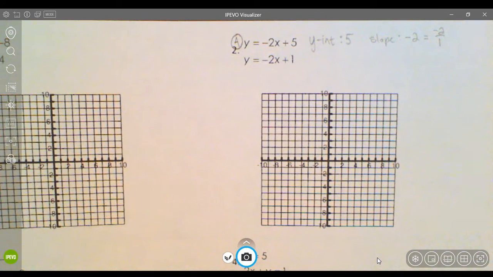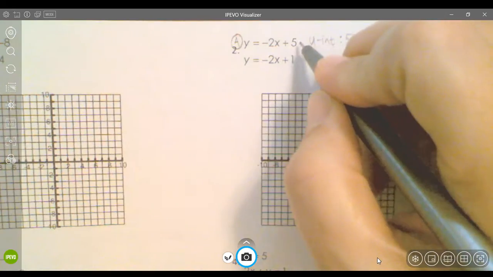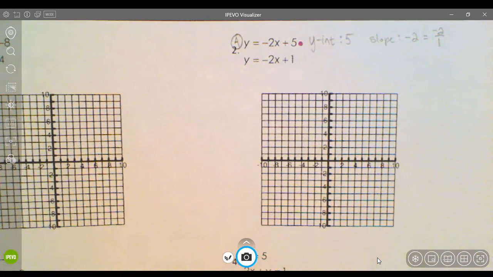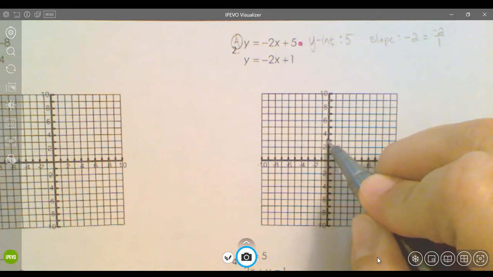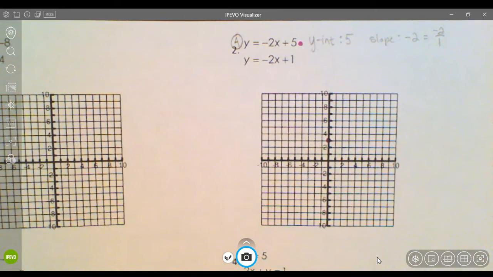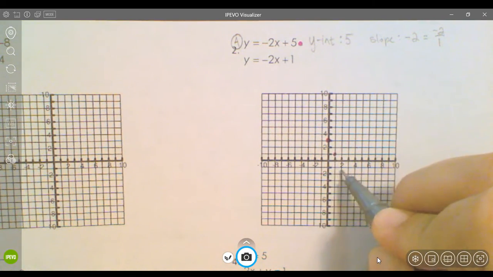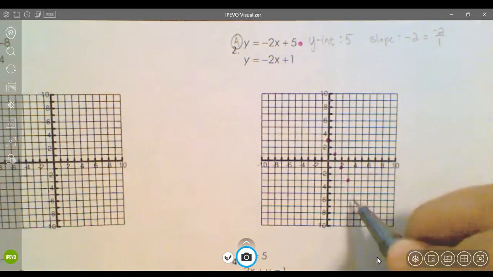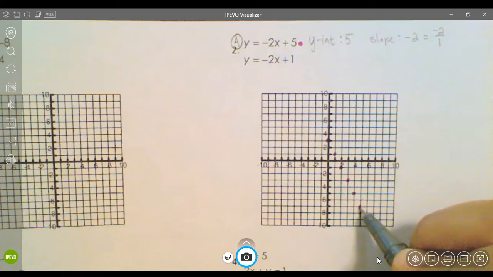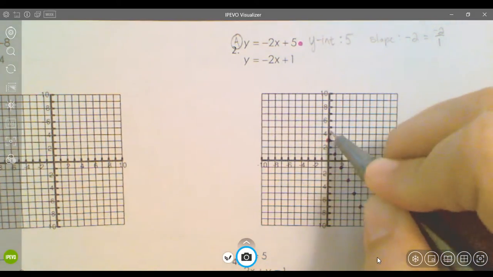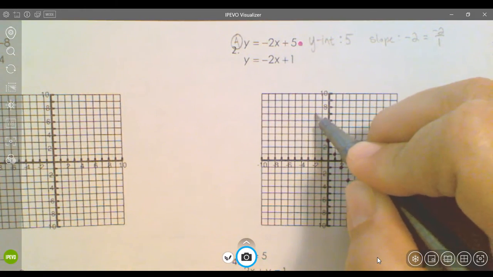Okay, so I think I want to do this one in pink. So let me graph this. For this one, my y-intercept is 5. My slope is -2. So I'm going to go down 2 and to the right 1. Down 2 and to the right 1. These are pretty handy for these small grids.